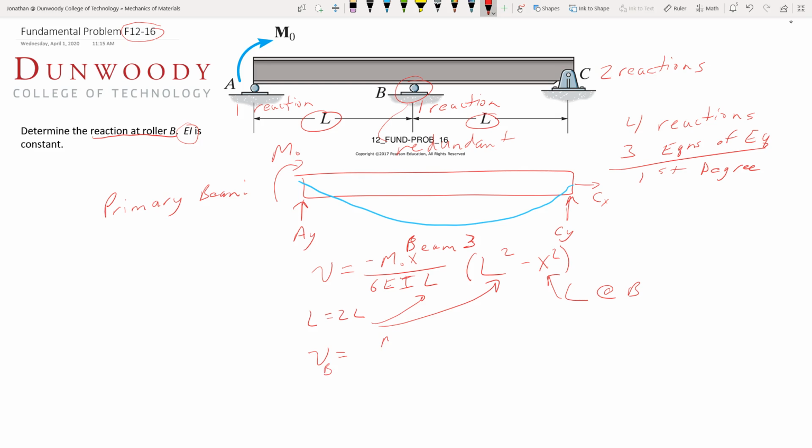is going to be our moment times our distance over 6EI times 2L, times 2L going in there, so we'll get 4L squared minus L squared.